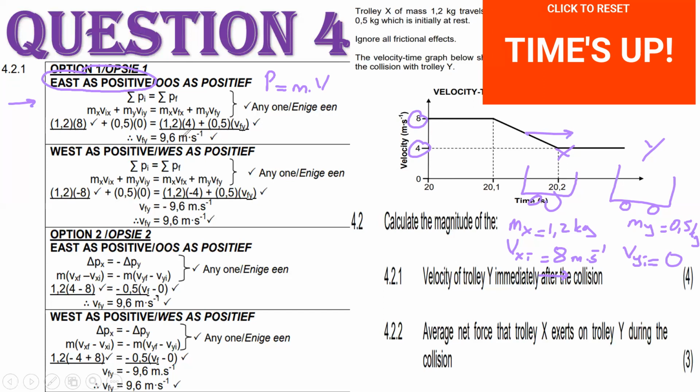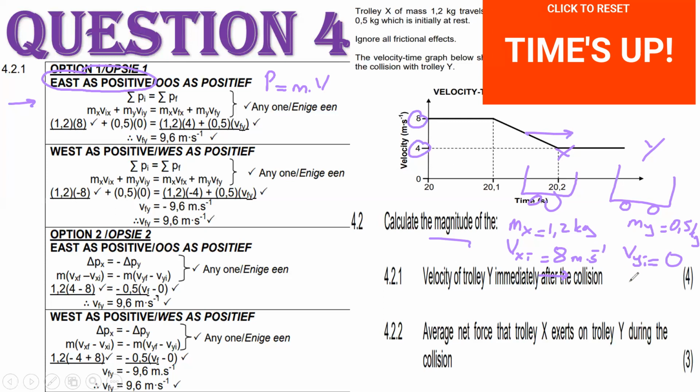When you calculate that, you get a final velocity of 9.8 meters per second positive. They said magnitude, on top here, so we don't need to give direction, but if you need direction and it is positive, you can say east.